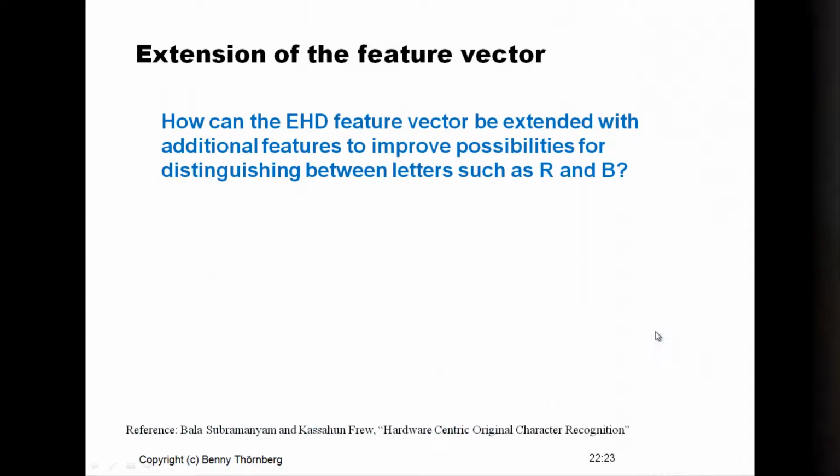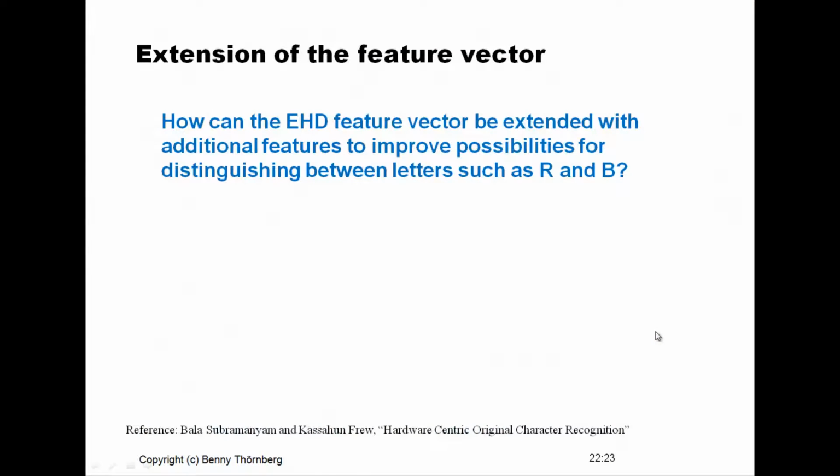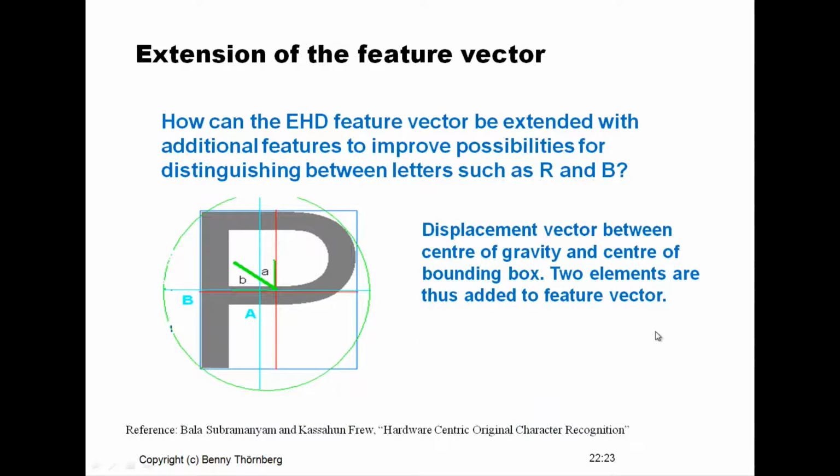So the first feature that my students made experiment on is a measure of the eccentricity of an image component, which means that we want to measure the displacement vectors between the center of a bounding box. The bounding box is the smallest box that encloses the image component, and the corresponding centroid that is computed for the image component.